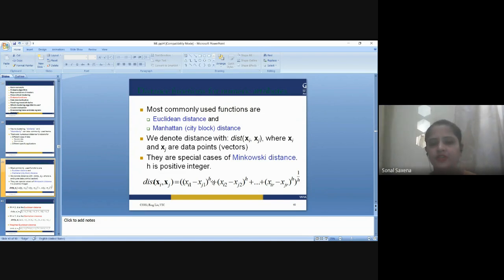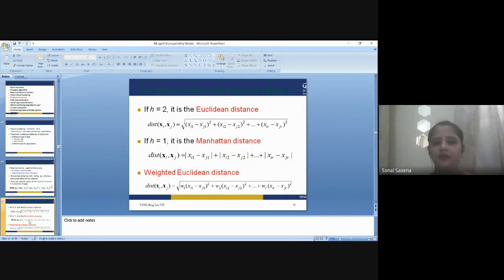So if h equals 2, you calculate it with the Euclidean distance, because Euclidean distance is mean squared error, meaning you are squaring the differences of the distances. So h equals 2 is Euclidean, and if you take h equals 1, that will be considered Manhattan distance. See the Manhattan distance, and this is the weighted Euclidean distance, as you can see from here.